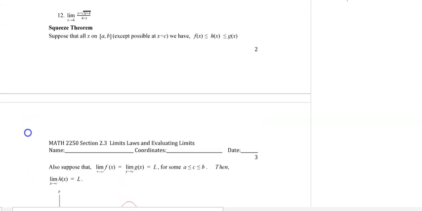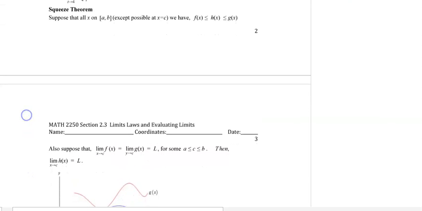The other thing that we want to learn about in this section is something called the Squeeze Theorem. The Squeeze Theorem involves working with at least 3 functions. 2 of these functions are on opposite ends of the middle function that you want to work with.